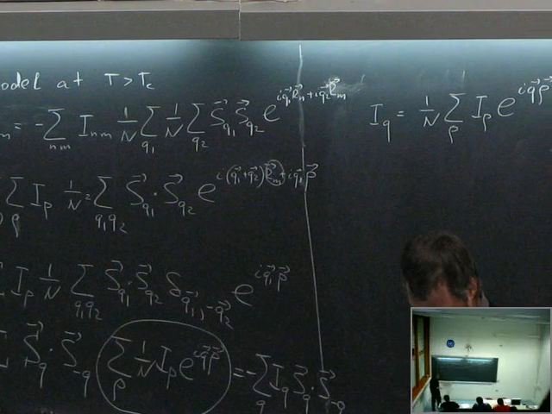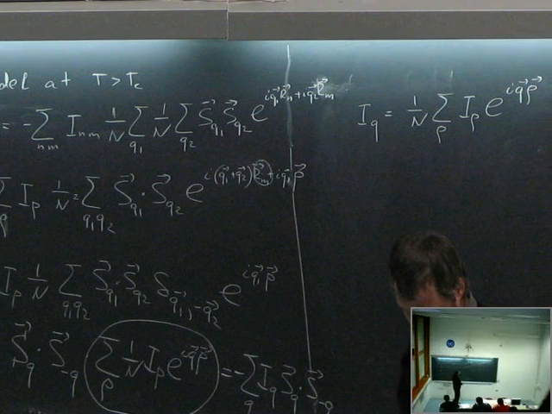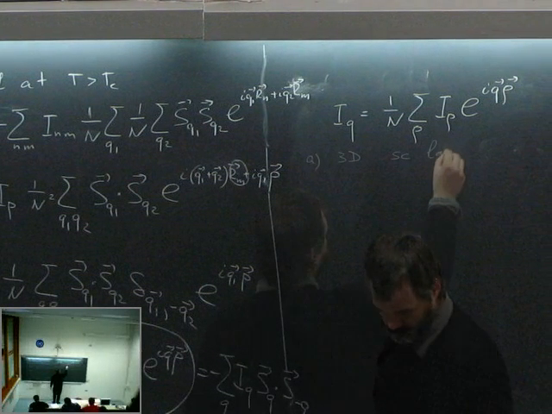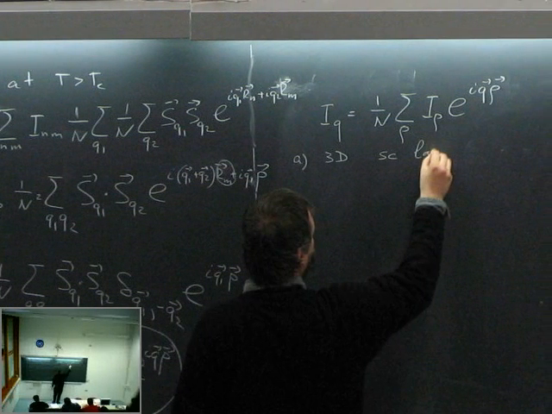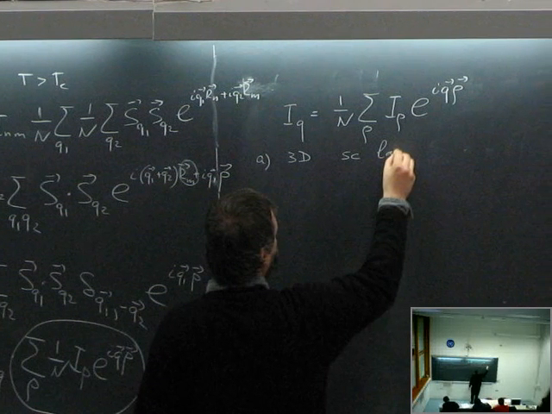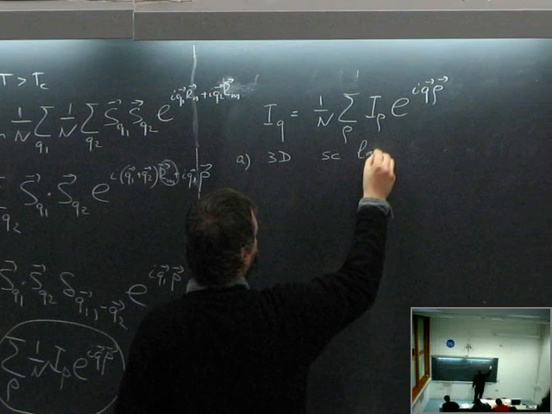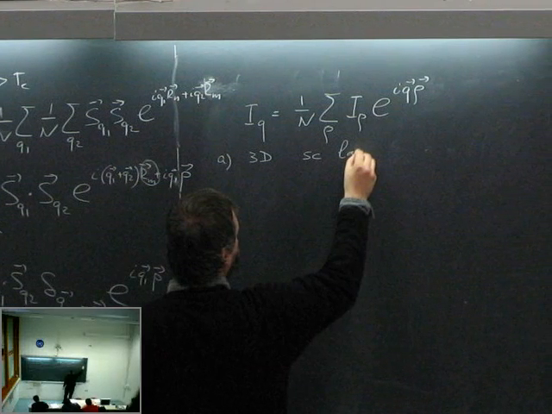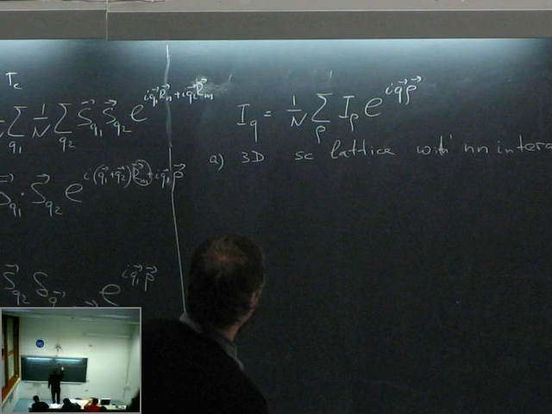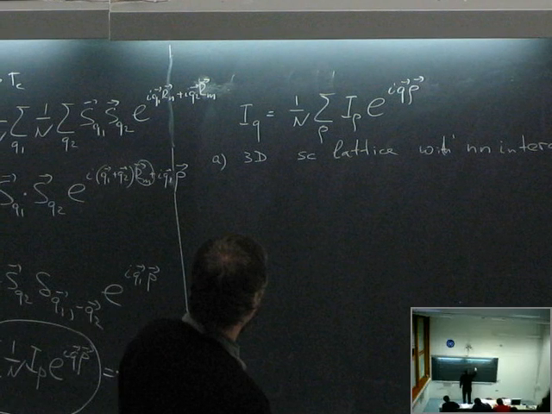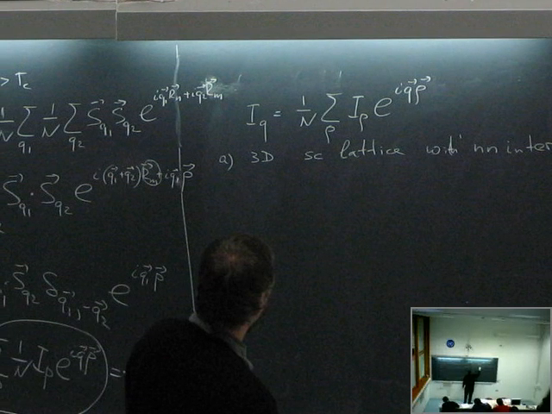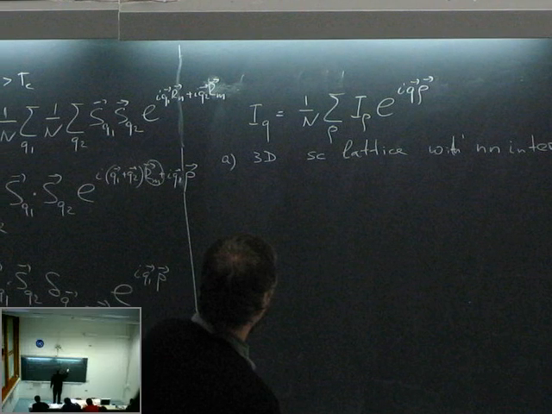Let's start with a model of a 3D simple cubic lattice with nearest neighbors interaction. Then I(rho) is equal to I if rho is equal to a and 0 otherwise.